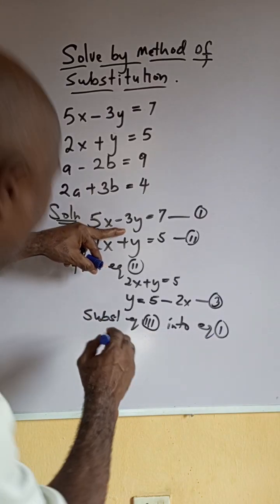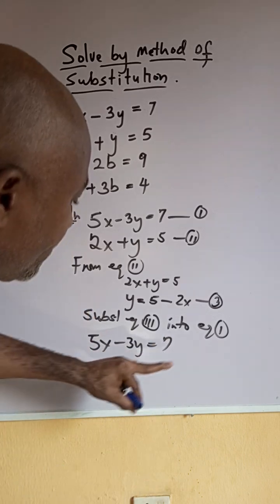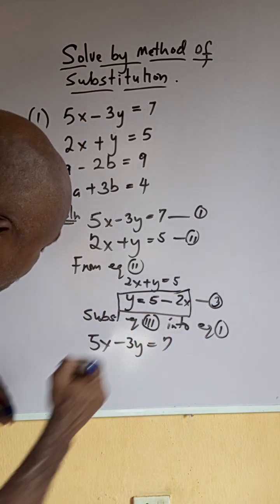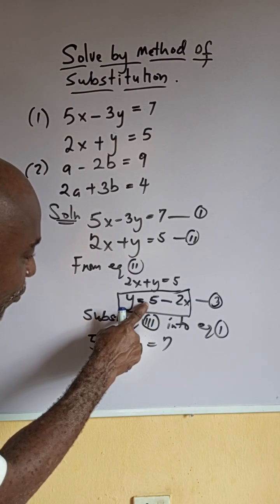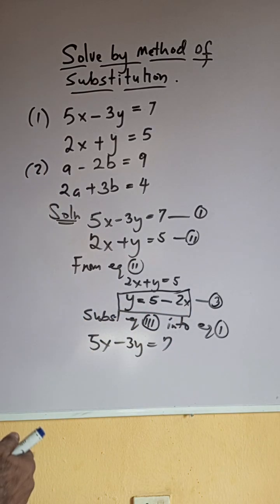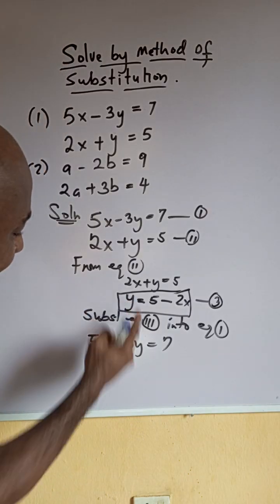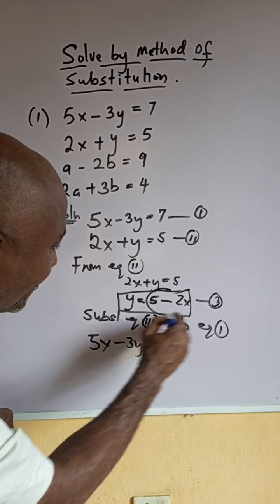Equation 1 says 5x minus 3y is equal to 7. Bear in mind that equation 3 says y is equal to 5 minus 2x. It means anywhere you see y in this equation, replace it with 5 minus 2x.